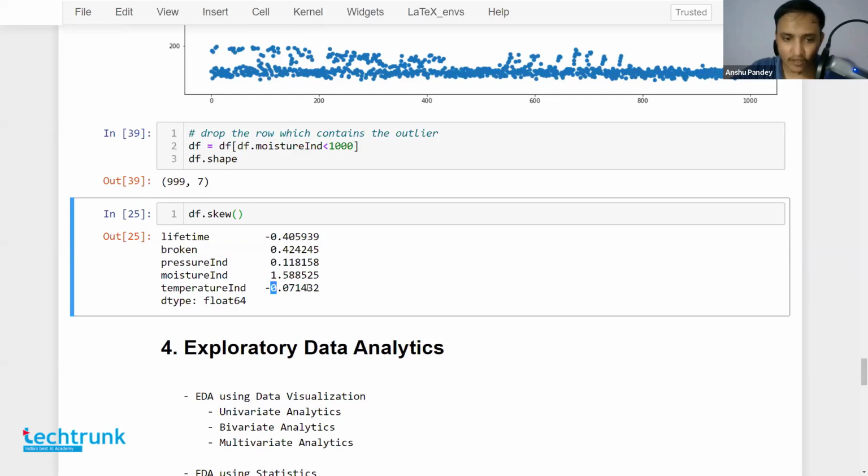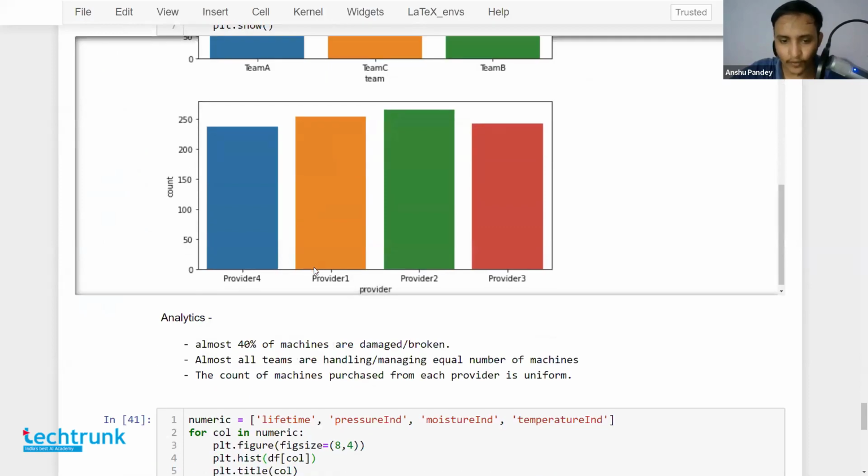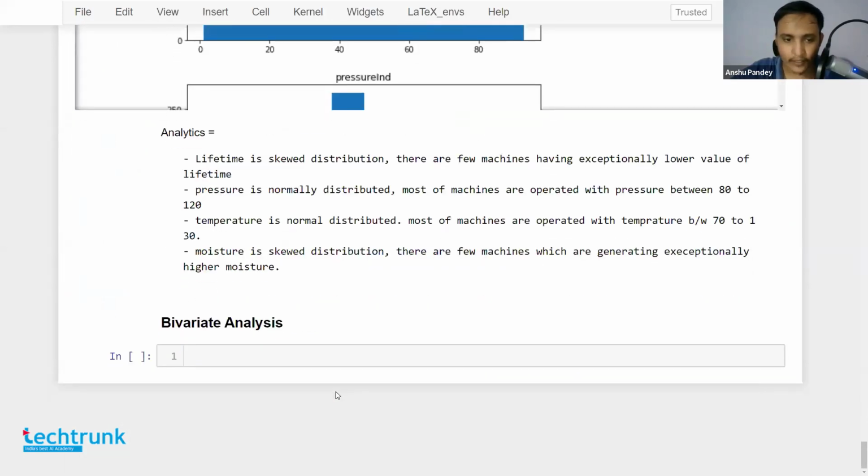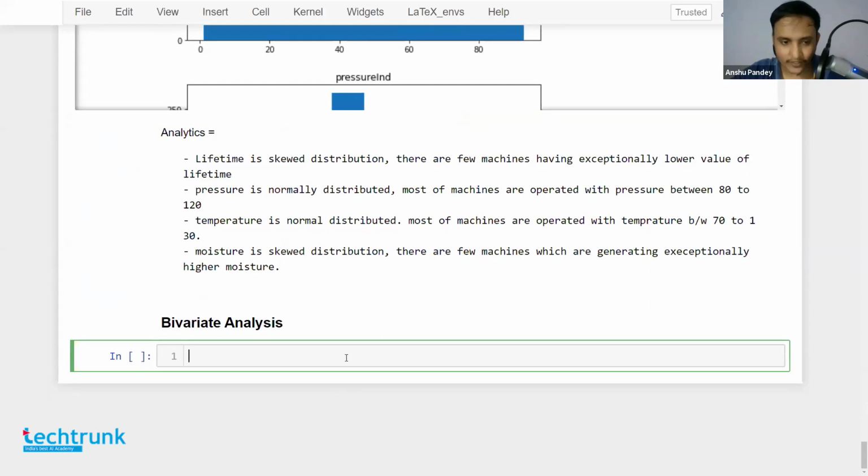This is almost closer to less than 0.1, and this is also almost close to 0.1, so both are normal distribution, whereas this is a skewed distribution, less than minus 0.1, and this is also a skewed distribution, more than plus 0.1. So both are the ways. One is to look at the value of skewness, and second is the graph as well that shows it.